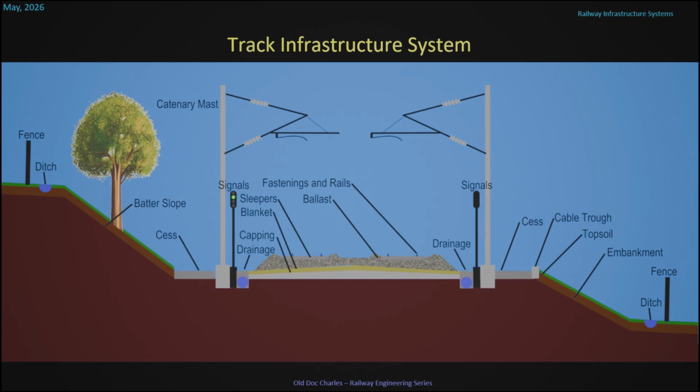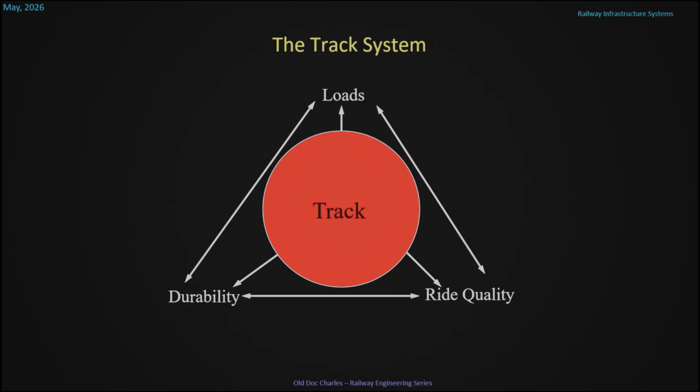Right, so the track system, really, there's three things that affect the track. You've got the loads, which is how heavy the trains are and how fast they go. The faster a train goes, the more load it applies to the track.